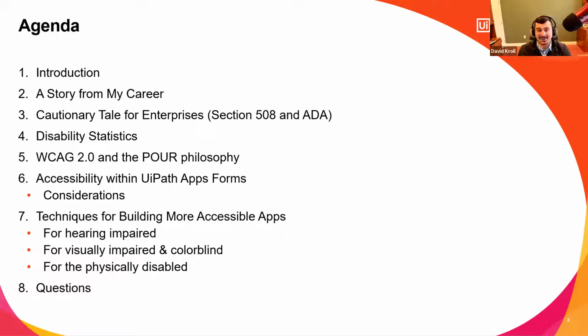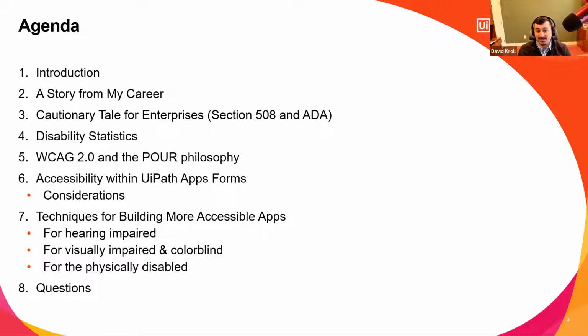Next, we'll talk about why accessibility is a requirement and not just a nice to have for public facing organizations and government institutions, especially. We'll look at some disability statistics to help you understand the breakdown of users that have disabilities. We'll discuss how to build accessible forms in UiPath apps with a demo example and different considerations.